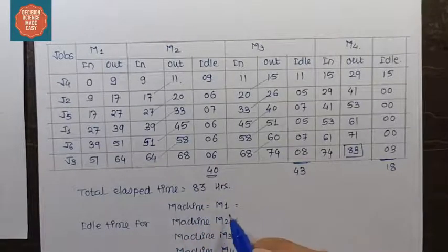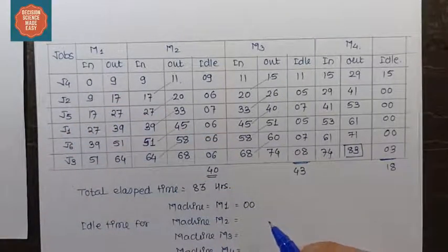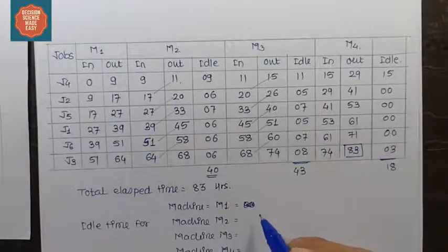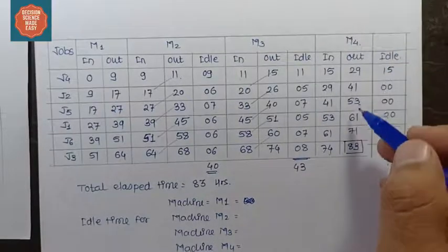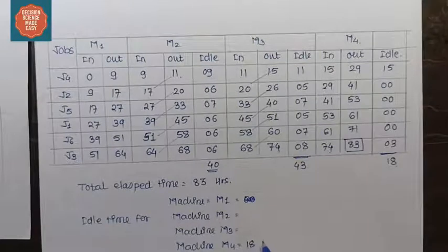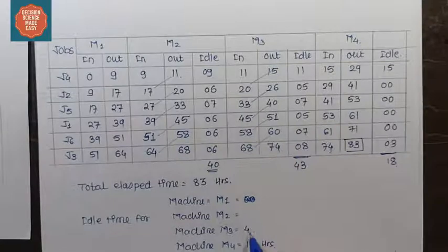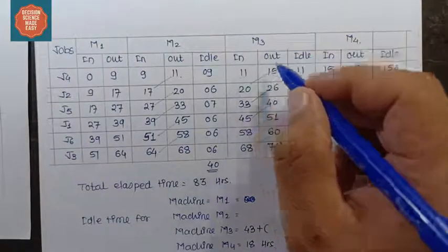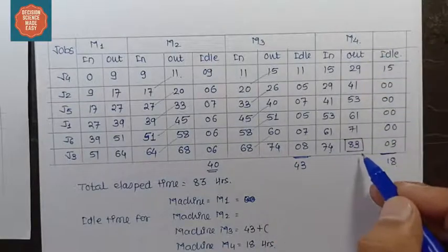Now the idle time for machine M1 will always be 0 because all the jobs are processed first. First find out the idle time for M4, which is nothing but this, 18 hours. Idle time for machine M3 is nothing but here it is finished at 43, plus the last job was finished at 74, wherein the actual task is finished at 83 hours.